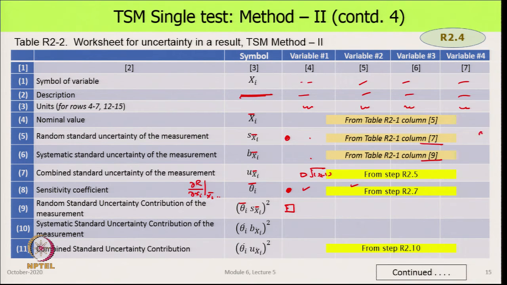Similarly, for the last one, this into this squared will be this. And remember, these are parameters for which the units of xi are not applicable. Then we do the systematic standard uncertainty contribution. This is now this, no, not this.